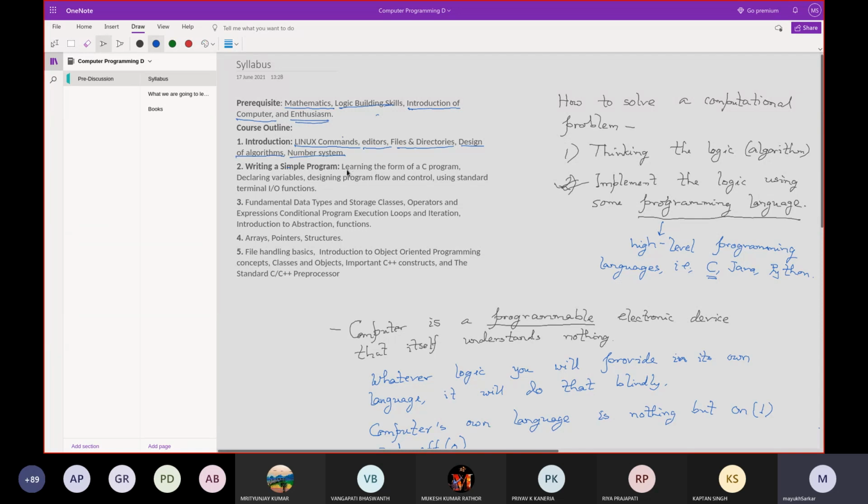Then how to write a simple program, how a C program is written, how it is compiled, and how it is executed, each and everything. Variables, eventually variables are something like storage needed for every calculation you are going to do. As for example, if I tell you something like user will provide some input, say n, some number, you have to tell whether that number is prime or not.